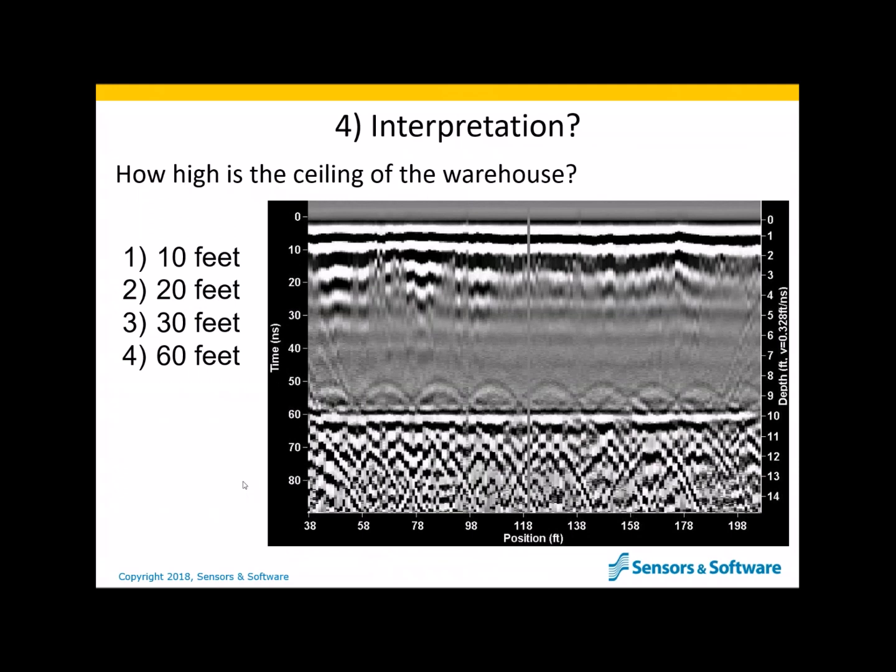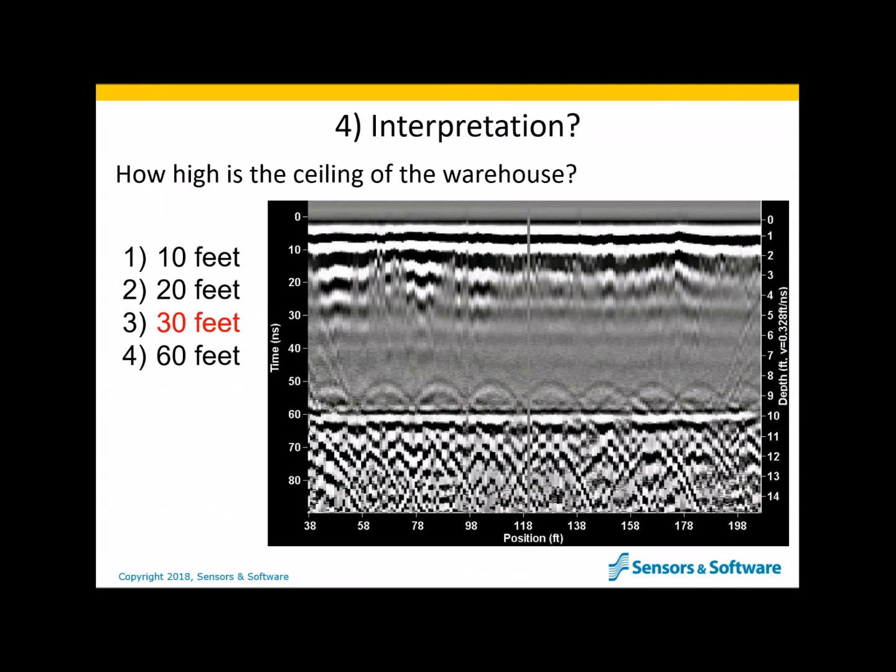Question 4. So based on the fact that that is the ceiling, how high is it? Correct answer is 30 feet. 48% of you got the right answer, but 37% of you said 20 feet. I'm trying to guess, maybe you took the 10 and doubled it and came up with 20.